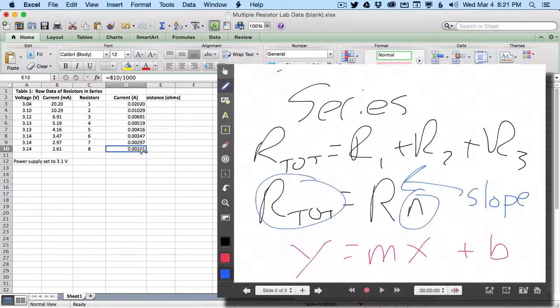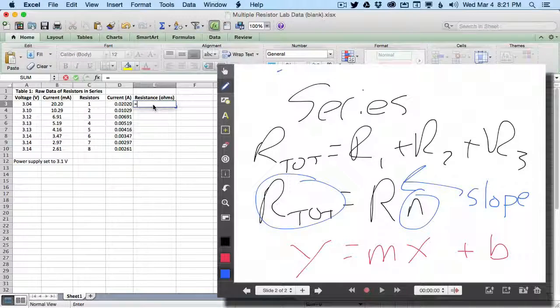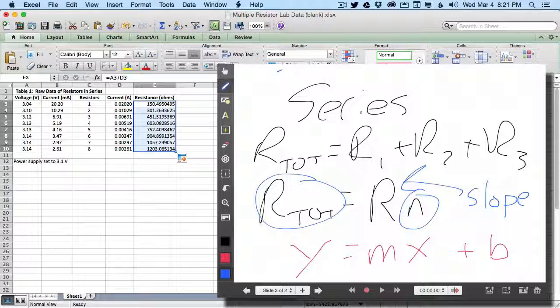It really doesn't matter. Okay, that looks pretty good. Now I have my current and my voltage. To find the resistance, I'm simply going to divide voltage by current, and go down here. One shortcut is there's a button for the decimal point up here. I can shorten that decimal point. It looks good right there.